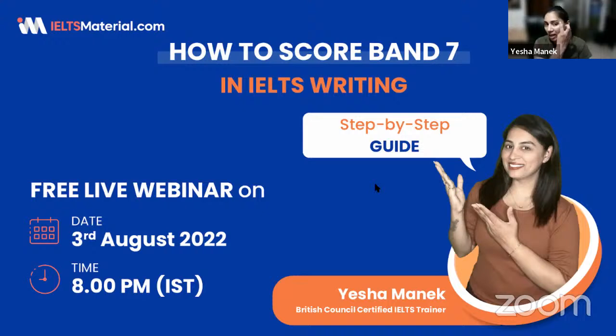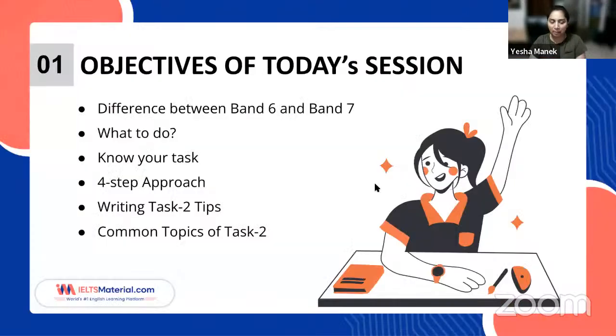So today we are going to learn about how to score Band 7 in IELTS writing, wherein I will be explaining the difference between Band 6 and Band 7, which will give you a very good idea of how you can excel from Band 6 to Band 7. What are the things that you should keep in mind to get Band 7 or more?